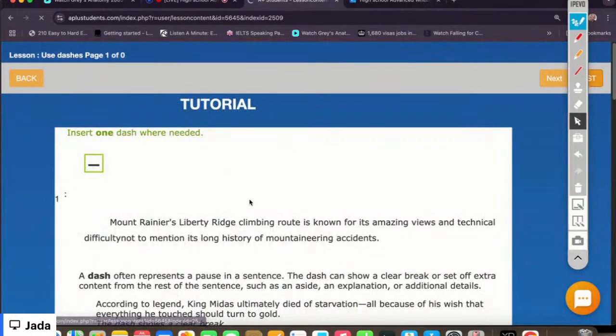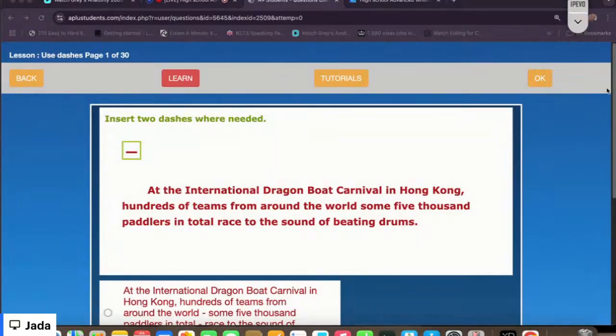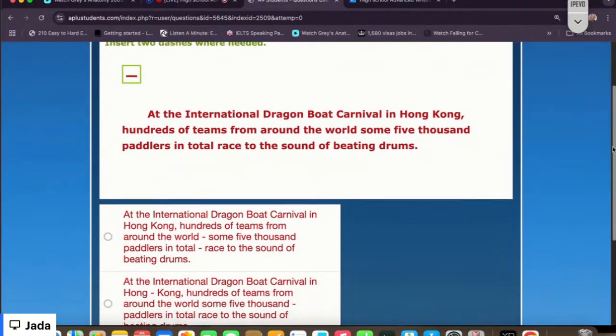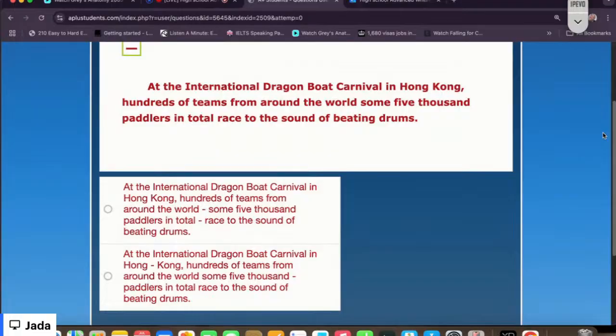Okay. So moving on to the test, share your answers with me, okay? So at the International Dragon Boat Carnival in Hong Kong, hundreds of teams from around the world, some 5,000 paddlers in town, race to the sound of beating drums. They're gonna be the first or second.